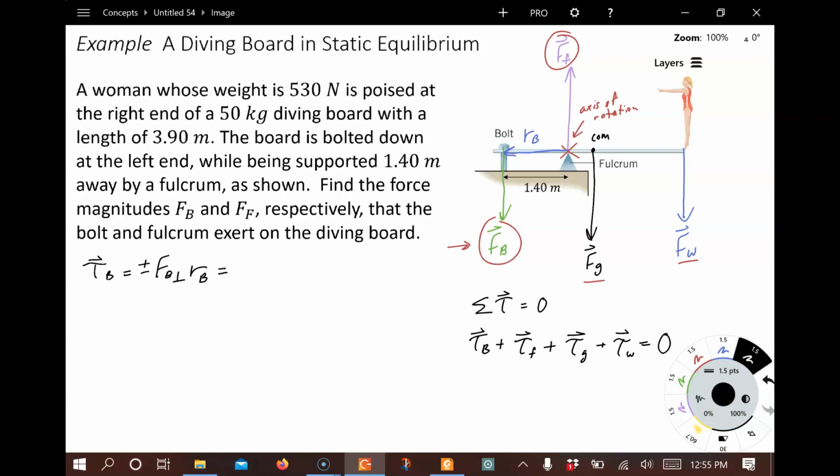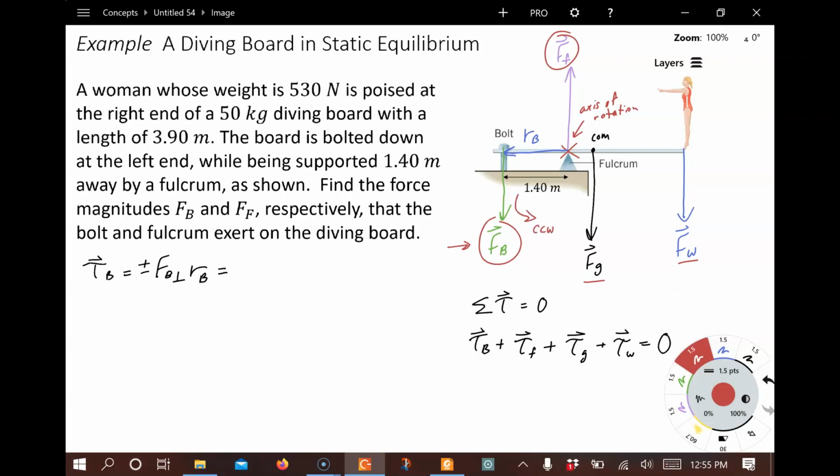Now I need to ask, for the bolt force, if you look at it by itself, will this force make the diving board rotate clockwise or counterclockwise? Well, it's downwards from the axis of rotation. This is naturally going to produce a counterclockwise motion.